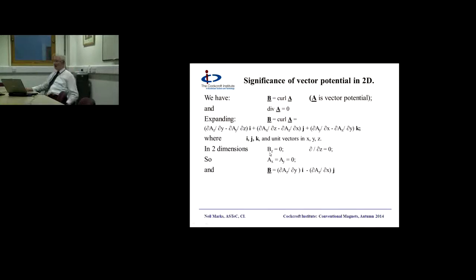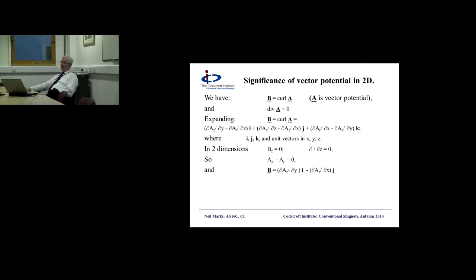In 2 dimensions, Bz is going to equal 0, and d by dz is going to equal 0 as well. So from this little lot immediately we can see that Ax and Ay must also be 0. And so B is just equal to d by dy of Az and d by dx of Az as well, and that's in the direction X and that's in the direction Y. So what we're saying is that in a two-dimensional problem, the vector potential will always be normal to the two dimensions that you're working in.